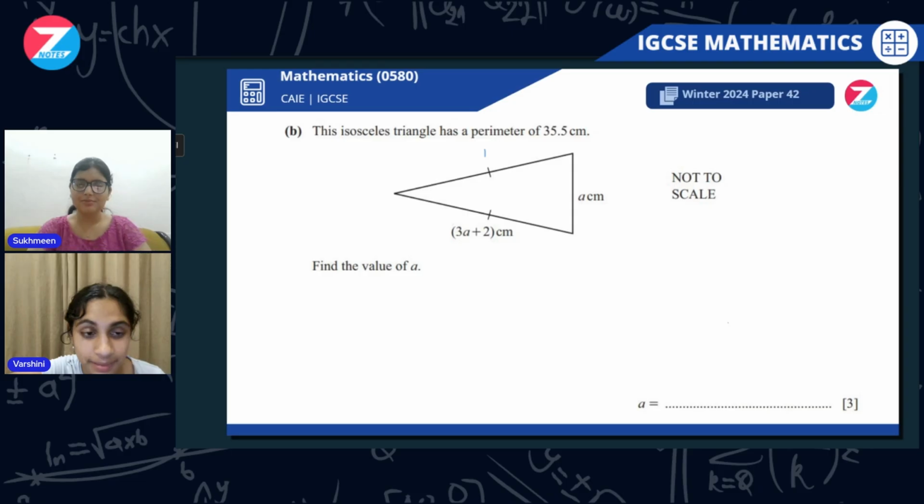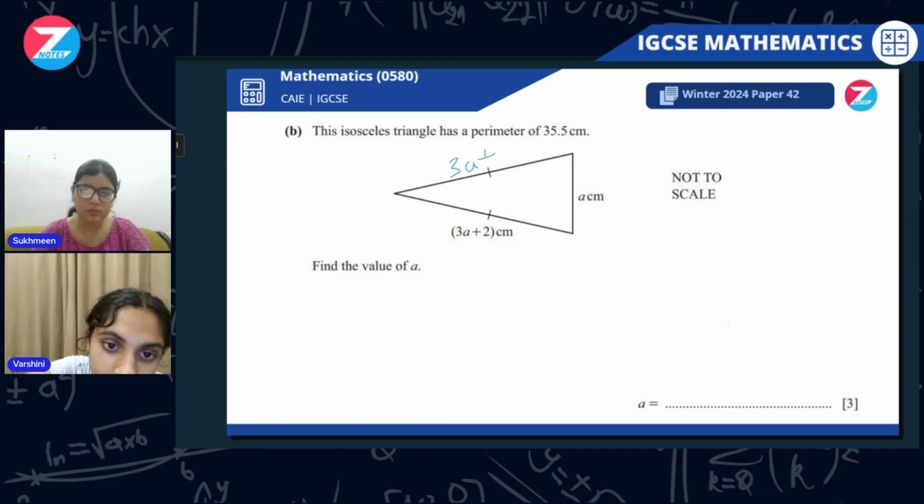Okay, for the B part, this isosceles triangle has a perimeter of 35.5 centimeters. Find the value of a. So we know that in an isosceles triangle, two sides are equal, and as indicated by this, this side is going to equal this side. So this side will also be 3a plus 2.